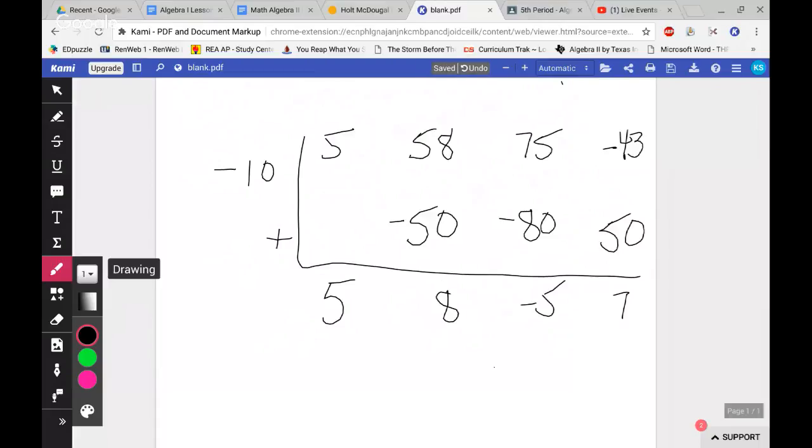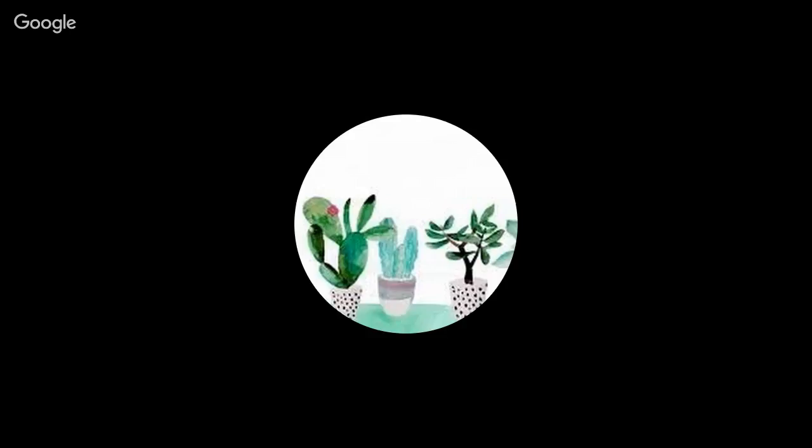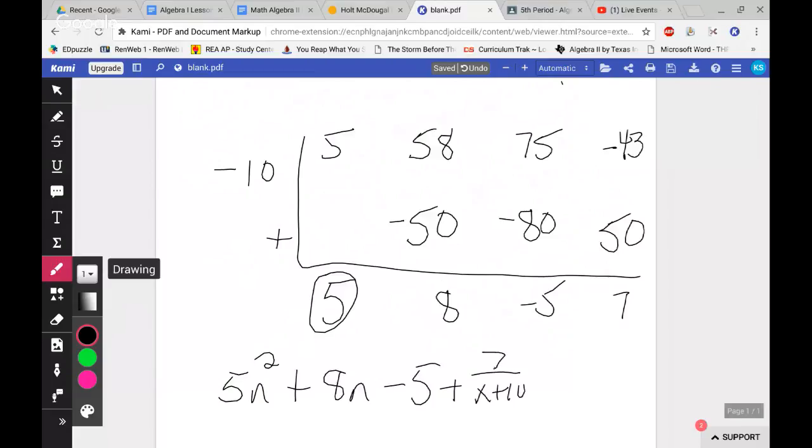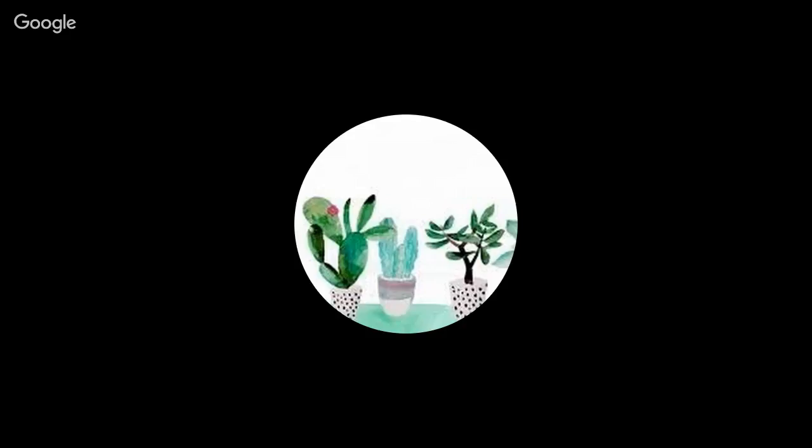So my answer should be, you take your coefficients, and this began as an n cubed, so this will be n squared plus 8n minus 5 plus 7 over n plus 10, because this part's your remainder. Okay.